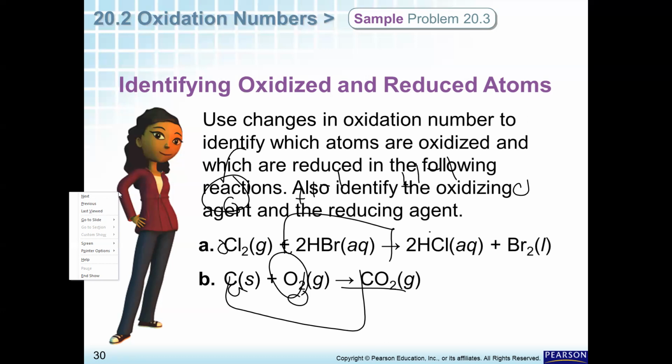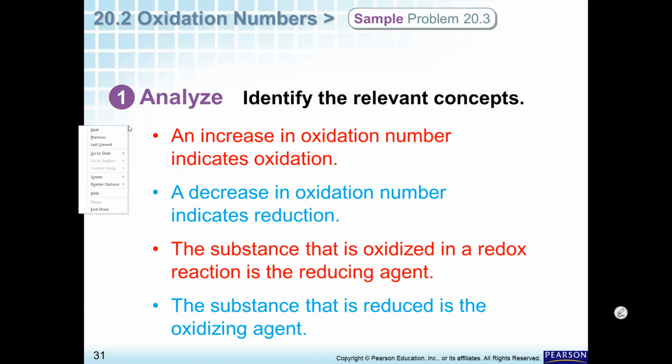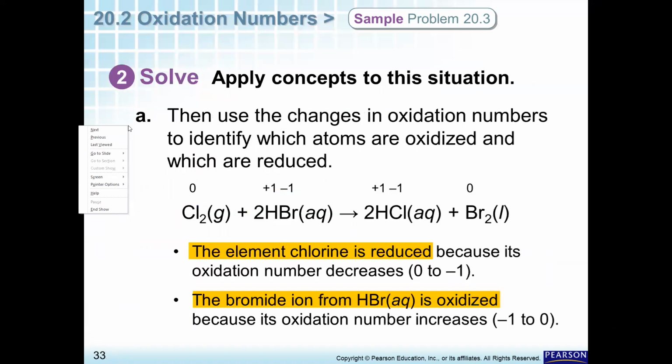And the one that is oxidized is the reducing agent, and so on. Okay? Those are the rules. This is what we did exactly. Accordingly, the element chlorine is reduced. Why is it reduced? Because we went from 0 to minus 1. Why has the bromine been oxidized?